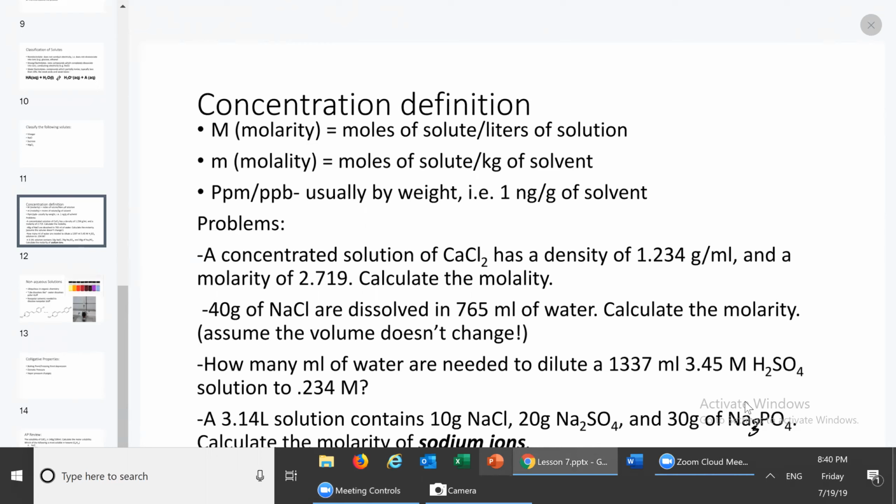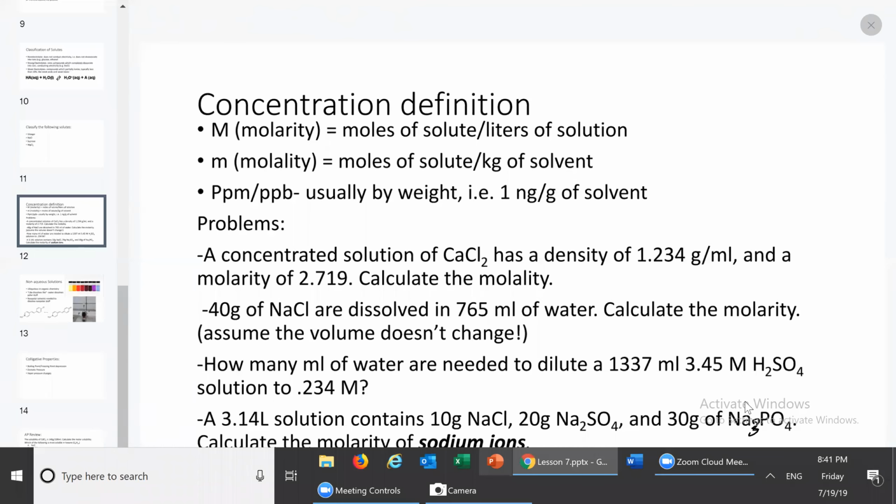Okay, yeah, 141.8 is correct. And what about sodium phosphate? Can we do sodium phosphate? Yep, 163.6. Perfect.